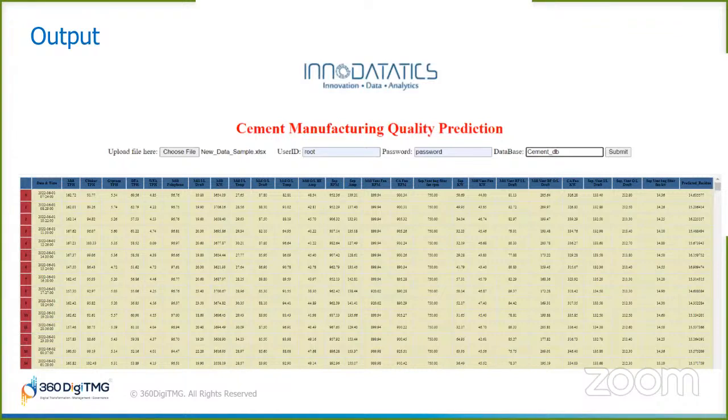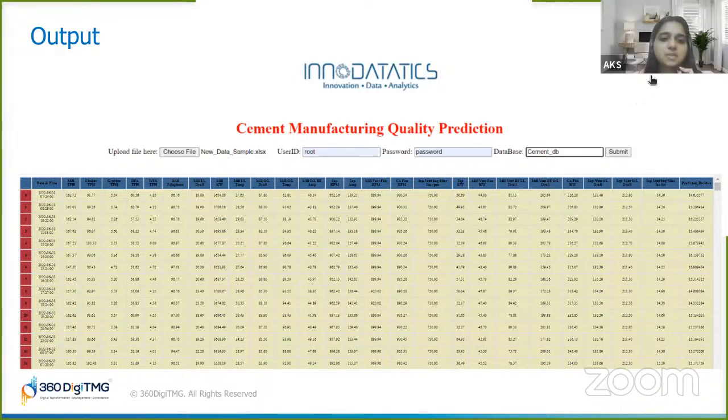So, this is the final output that we see. Can you just help us understand what we see on our screen? Sure, Aditya. So this is the output of the Streamlit app.